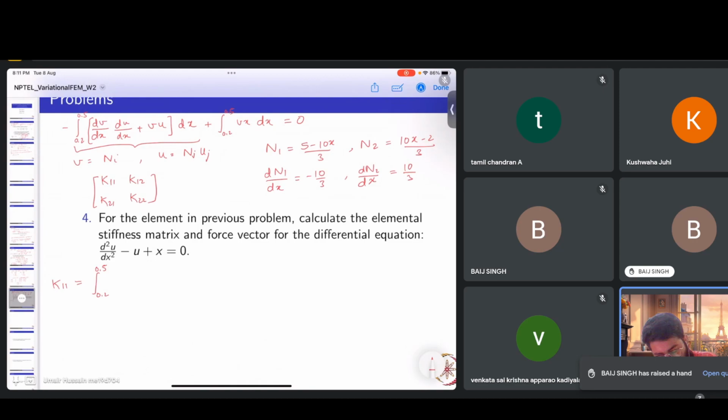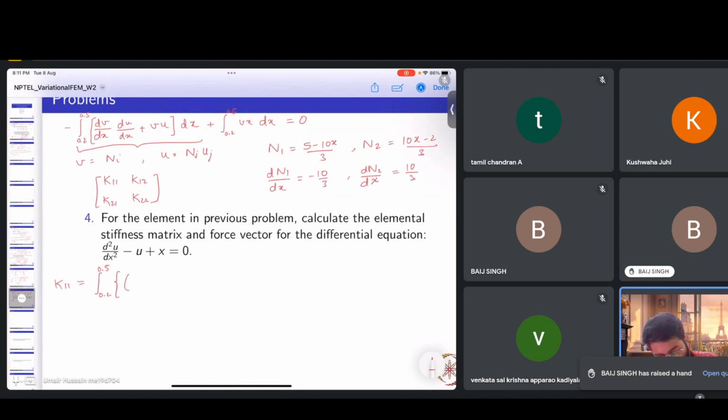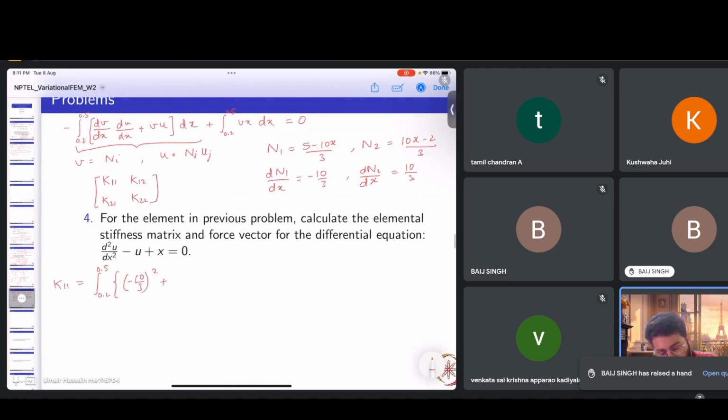So dV by dx would give us dN1 by dx, which is minus 10 by 3. So minus 10 by 3 squared, plus V into U would be N1 times N1 because we're calculating K11.